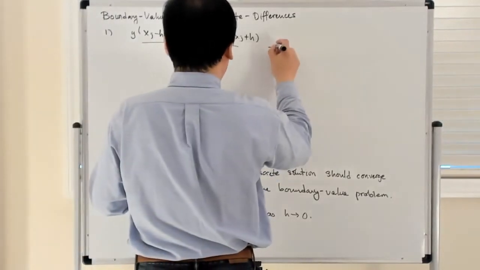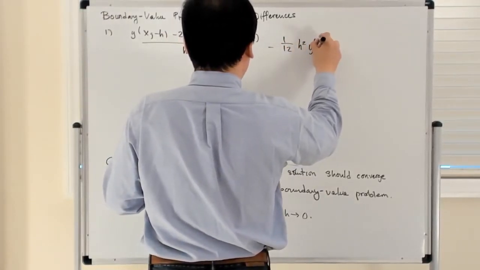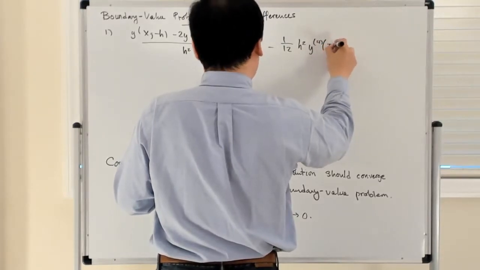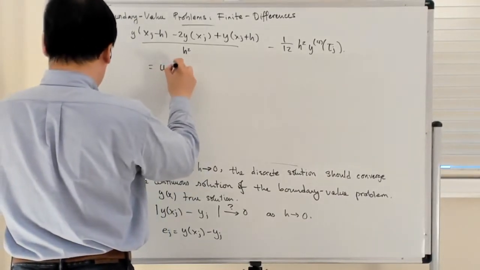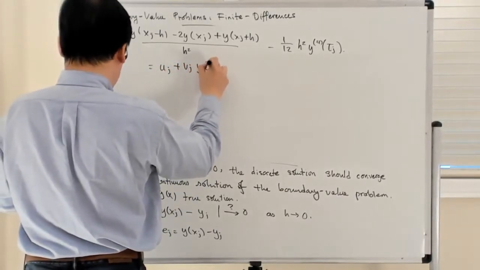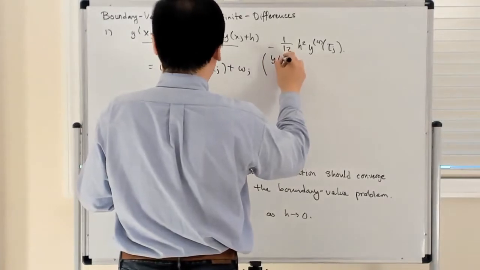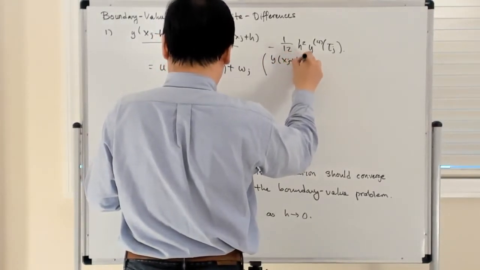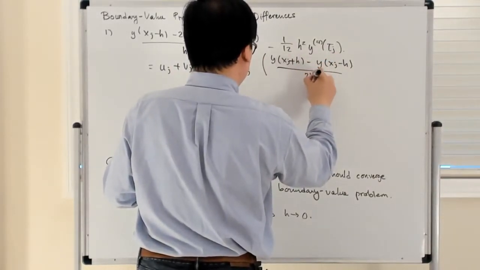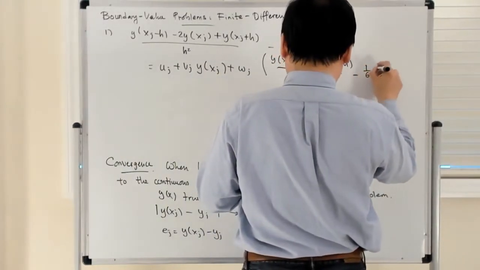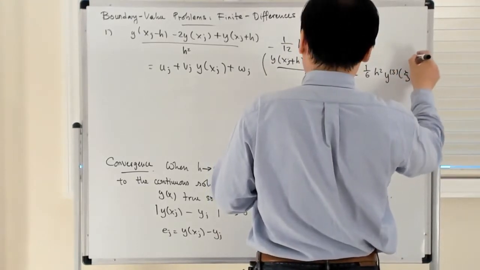And I'm going to write down the error term explicitly. This is minus 1/12 h squared, fourth derivative of y at some unknown point. Let's call that tau j. This is equal to uj plus vj y at xj plus wj times y at xj plus h minus y at xj minus h over 2h, minus 1/6 h squared, the third derivative of y at some unknown point.